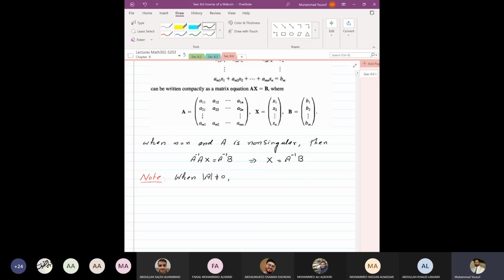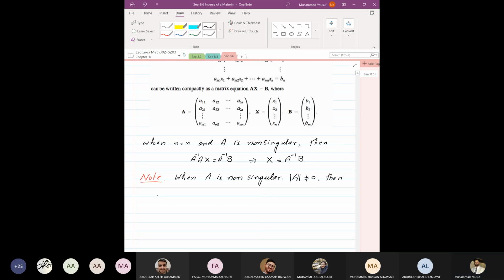This means determinant not equal to 0 means A is non-singular. What does this mean? Determinant of A is not equal to 0.